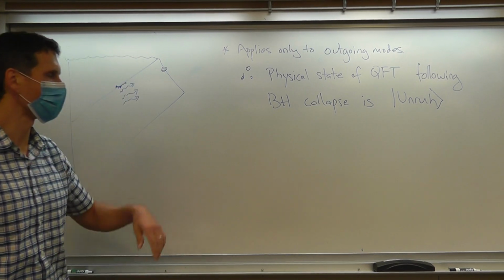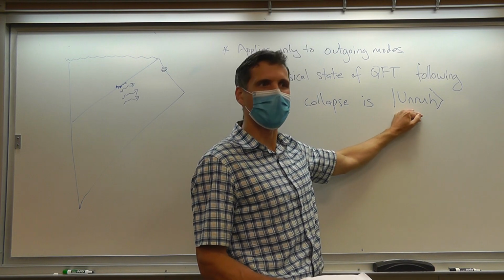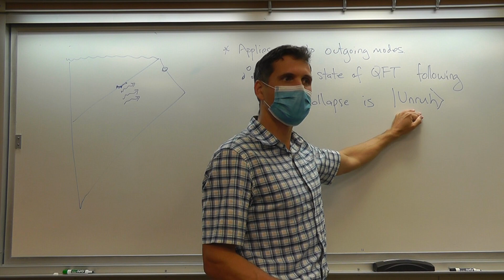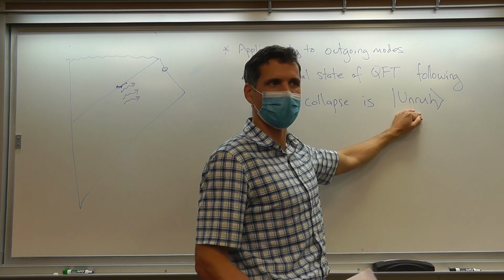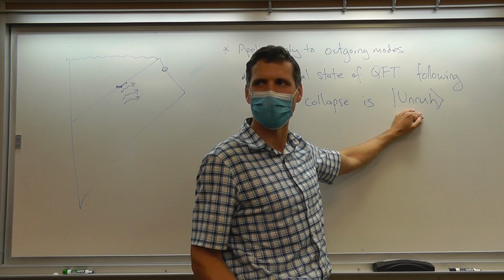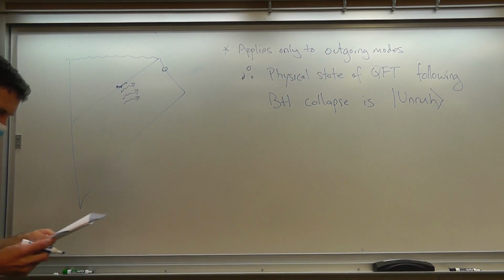Now, as I said last time, the Unruh state in the eternal black hole is singular on the past horizon of the eternal black hole. But that's fine, because the physical black hole has no past horizon. That's just not part of the space-time. So it's perfectly okay for this to be in an Unruh state.